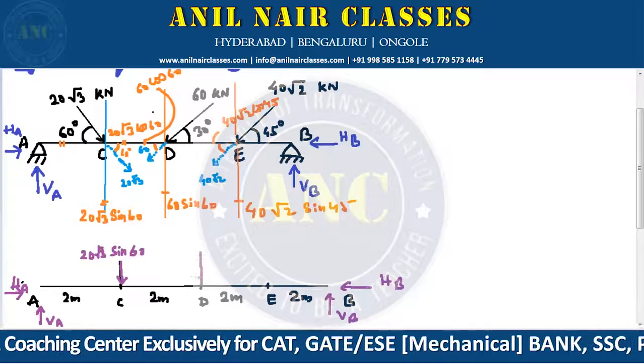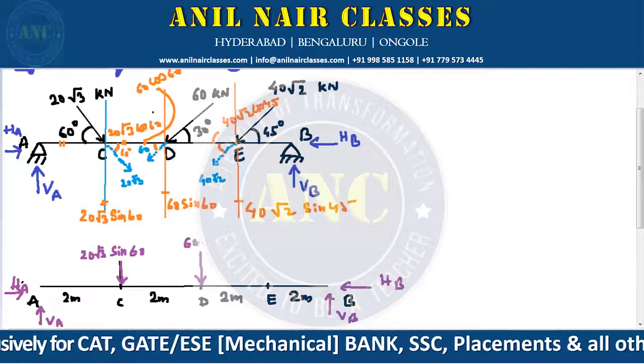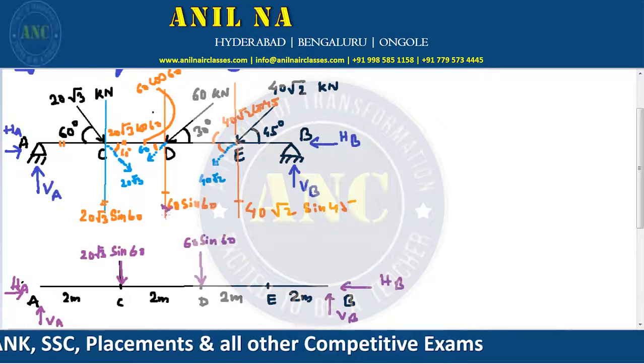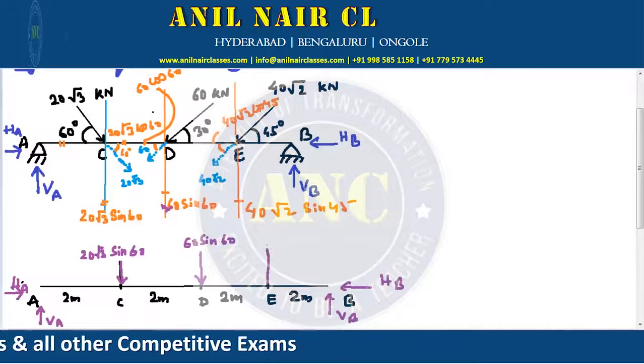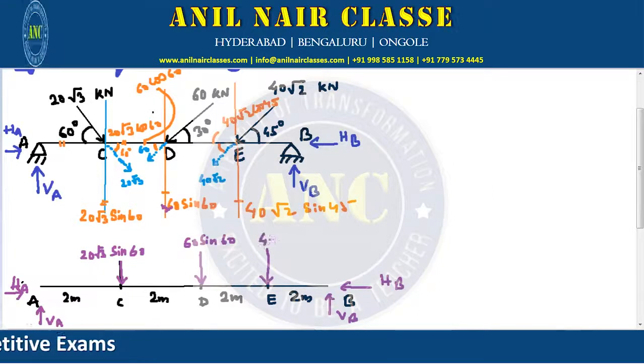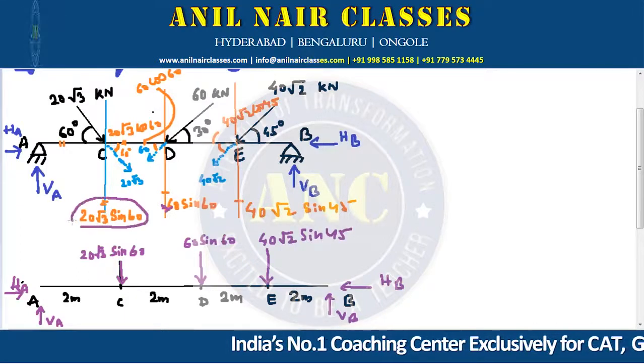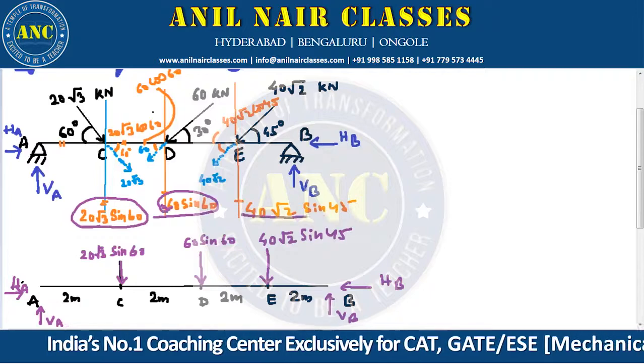This is 60 sine 60 because all are downwards, right? Then this is 40 root 2 sine 45. But wait, we are not done. These are the vertical components. We have put the vertical components.